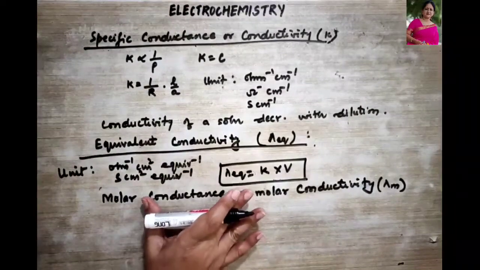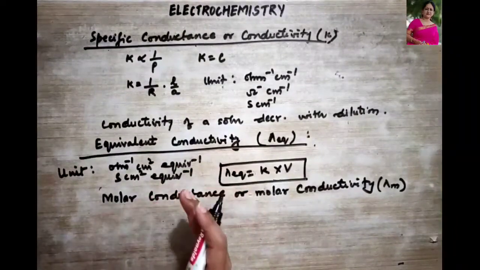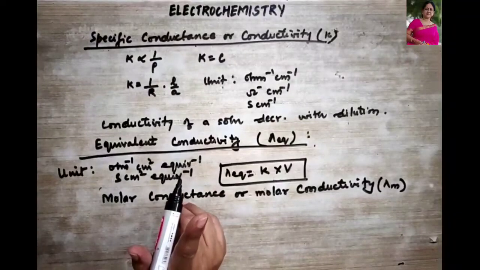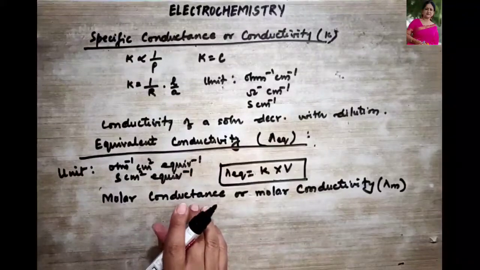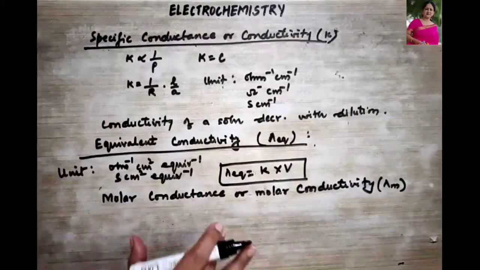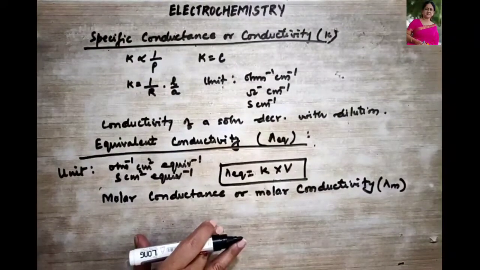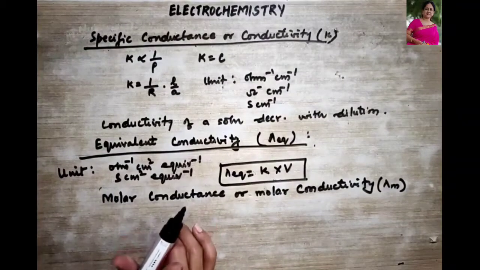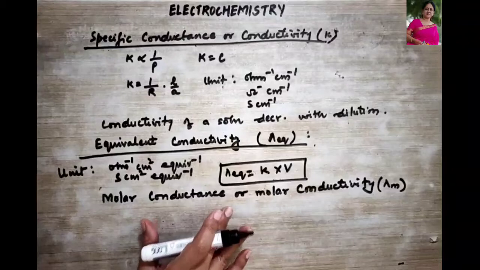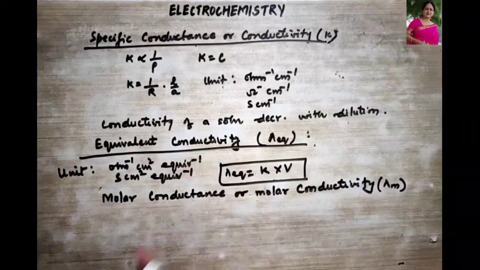The conductance of a solution whose volume contains 1 mole of solute, which is placed between two parallel electrodes separated by 1 centimeter and having sufficient area to hold the whole volume of the solution.